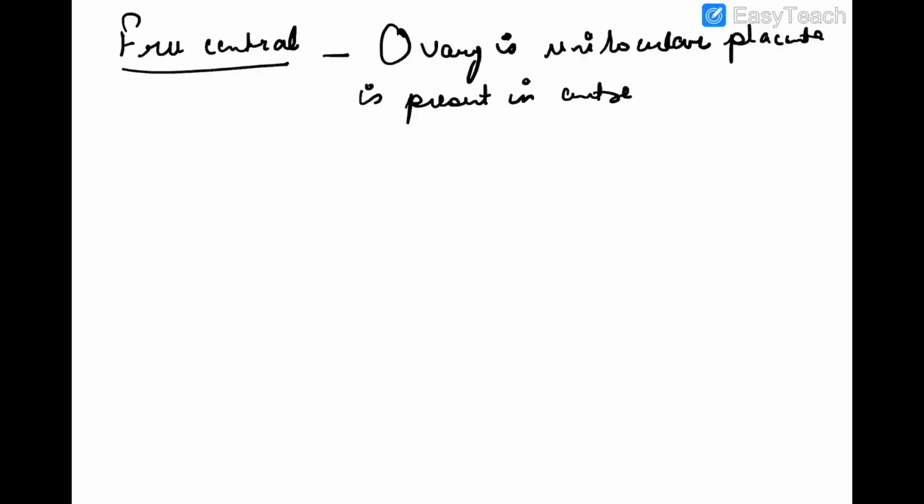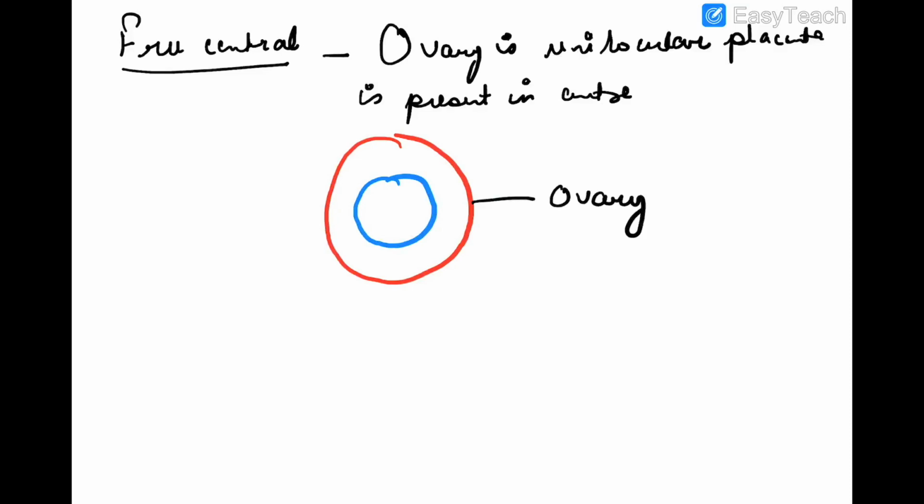So if this is the ovary, then this is the placenta, this is the ovary, this is the placenta, and here would be the ovules. These are the ovules. This is free central type of placentation.